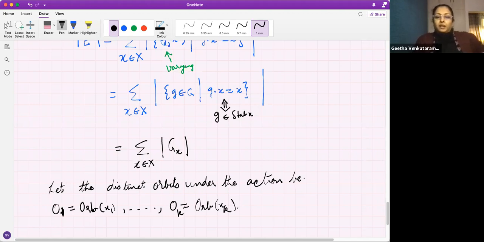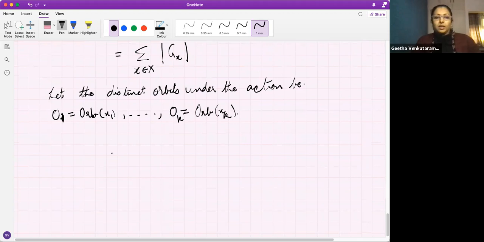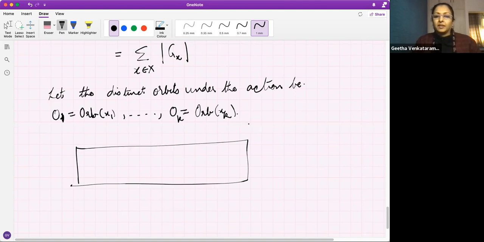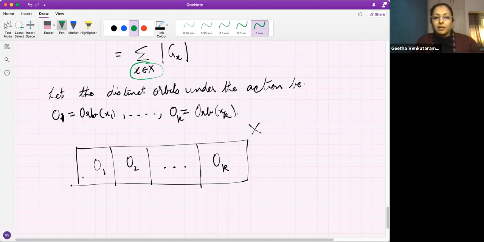All right. So the picture that you should keep in mind is that we have the set X and we have these k orbits O1, O2, up to Ok. And when we are talking about little x varying over X, instead I can count first, let me look at all the x in O1, then I can look at all the x in O2, and then I can go and look at all the x in Ok.